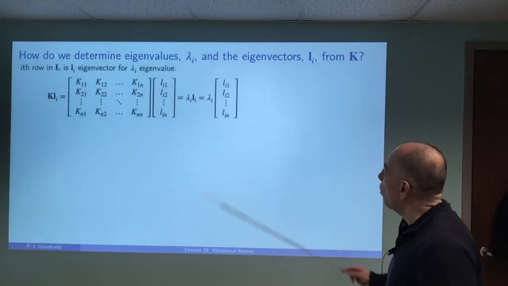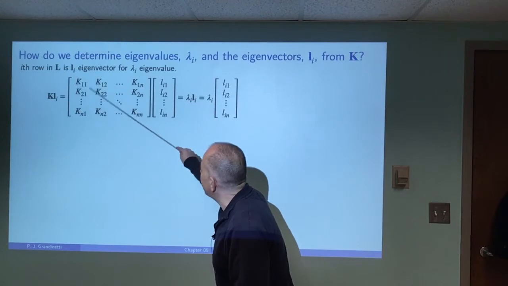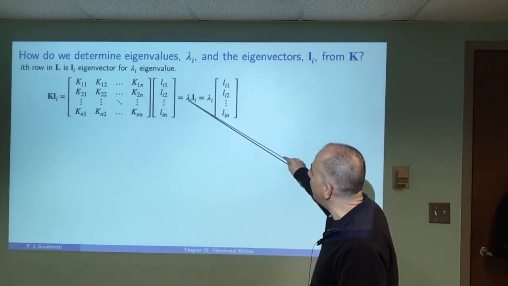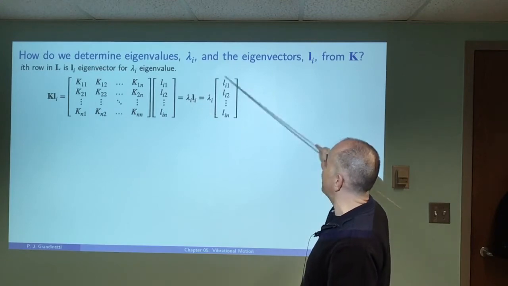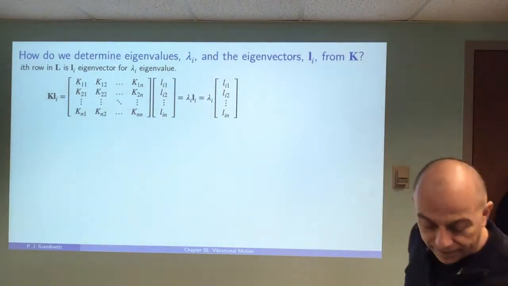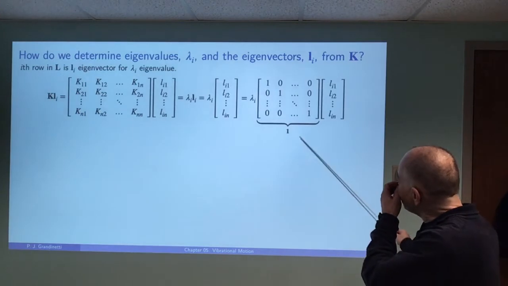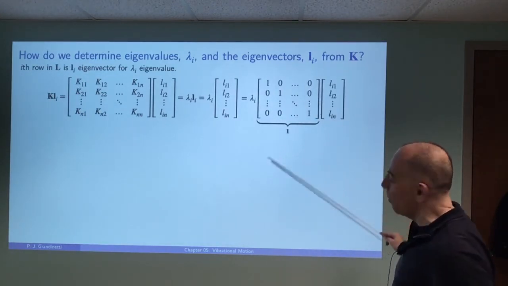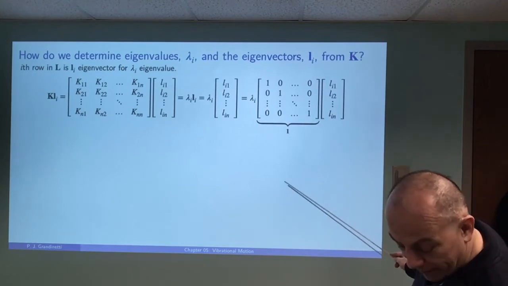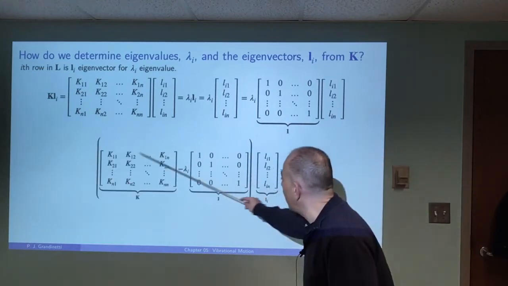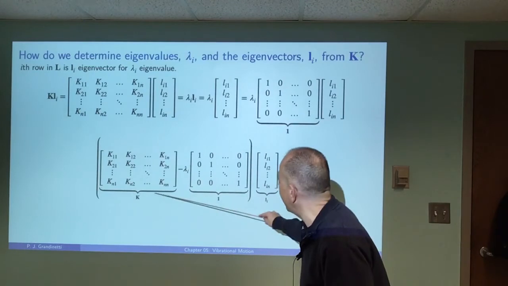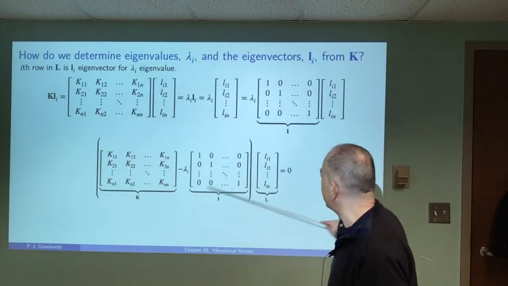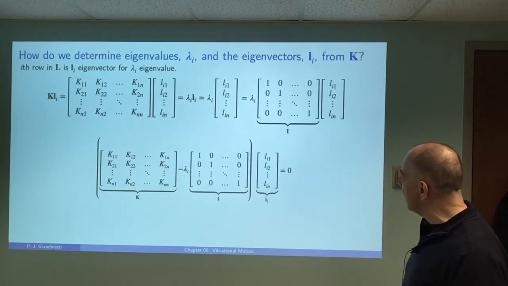Now, it's easy to show that if I take K times one of those eigenvectors, I'm going to get back the eigenvalue times that same eigenvector. Now, if you insert the identity matrix here, I can do that, just inserting 1, and then do a little regrouping, then what I get is I bring over K minus lambda times the identity matrix, put all that in parentheses, times the eigenvector, equal to 0.